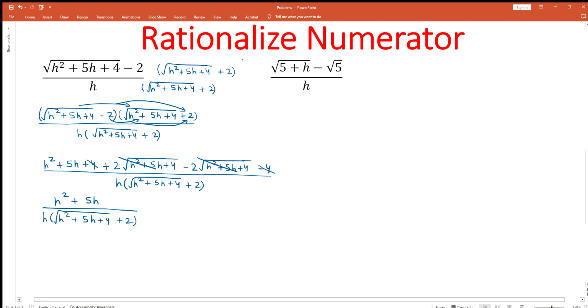Next, we should do common factoring in the numerator. We can factor out h from both terms.